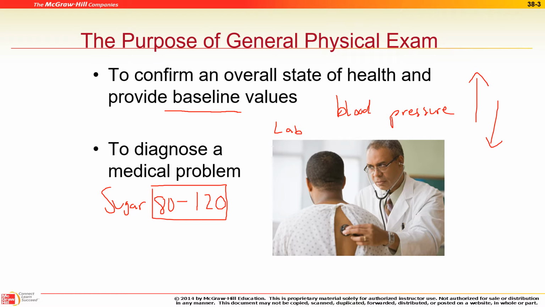And this is when you're not eating at all times. You want to be around 80, below 100. After you eat, yeah, it's going to go up a little bit. But when we tell you to fast at 12 midnight and we give you that morning appointment, we want to make sure it's down there. If it's a little bit high, we're going to do further tests.